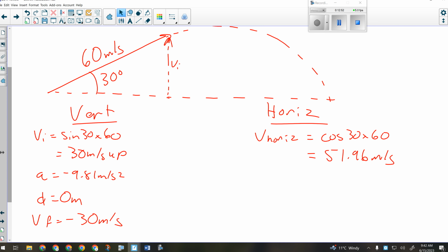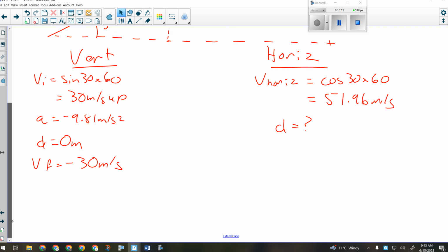All right, first thing they wanted was how far it would travel horizontally. What am I missing? Time. Does time apply to both? Yeah. Okay. Can I calculate it with this? I can. I've got VI, VF, and A. I don't even need D. I can calculate the time by going VF minus VI over A using the acceleration formulas.